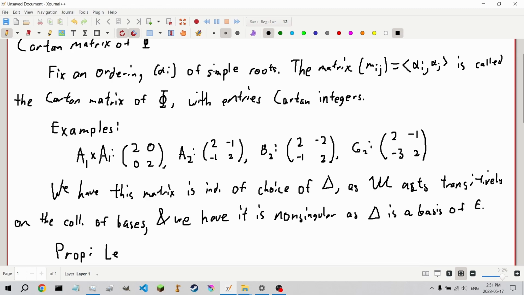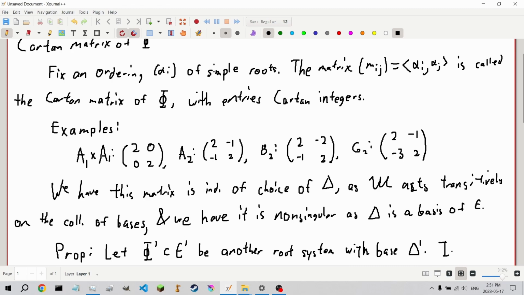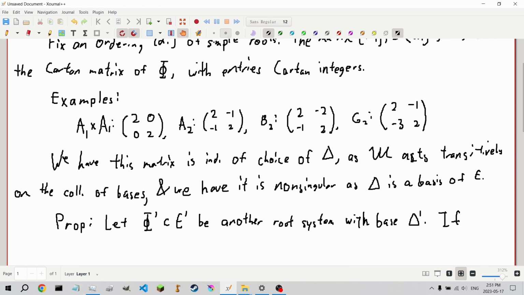So we're going to let phi prime in E prime be another root system with base, say, delta prime, if the entries of the Cartan matrices line up.